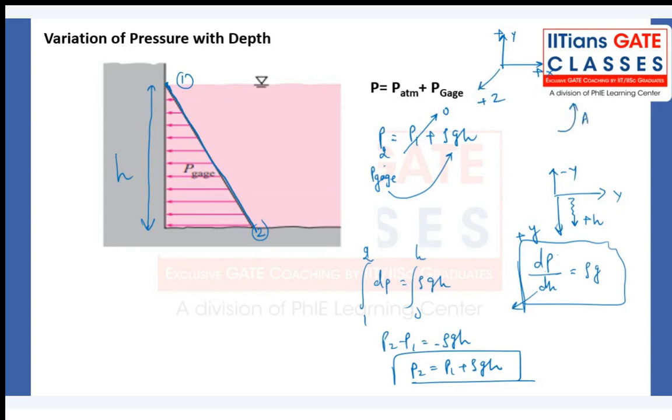Anti-clockwise is positive, clockwise is negative. That is our standard one. I'm not saying that in an examination anti-clockwise will always be positive. They can mention negative, but I'm telling you what you have followed from your 10th or 11th standard. That is what we are considering over here.